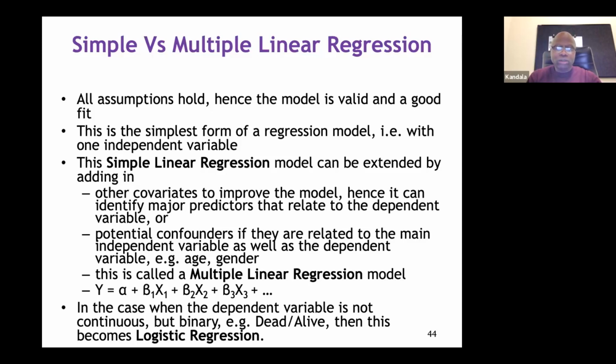In contrast, if the dependent variable is binary, the model becomes logistic regression because you have a binary outcome, maybe life or death, so a qualitative outcome.